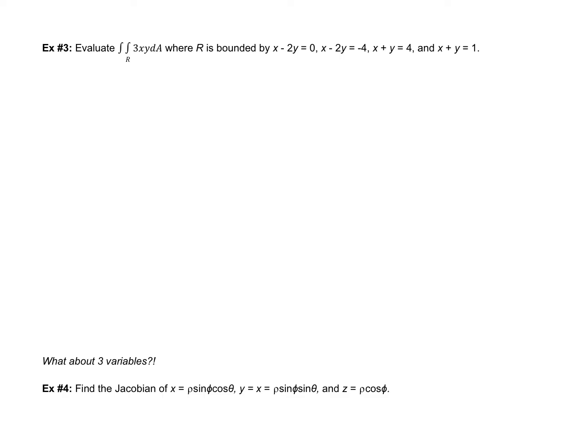Okay, so we're going to start this the way that we normally would, and we're going to draw out this region R. So if we go to draw out R, we have x subtract 2y equals 0. So this is y is equal to 1/2 x. This one is going to give us y equals 1/2 x plus 2. We get y is equal to 4 subtract x, and we get y is equal to 1 subtract x.